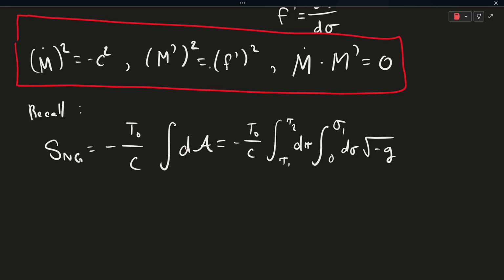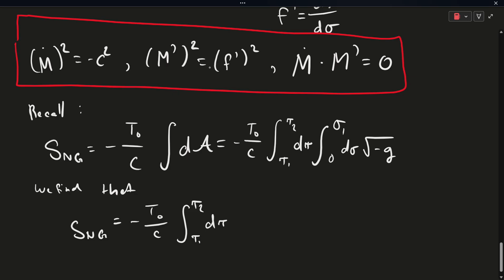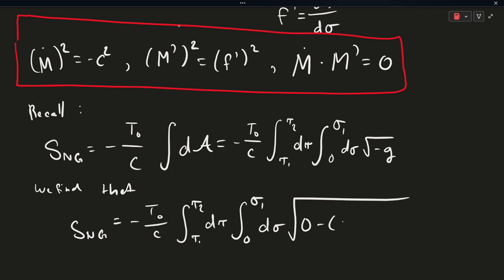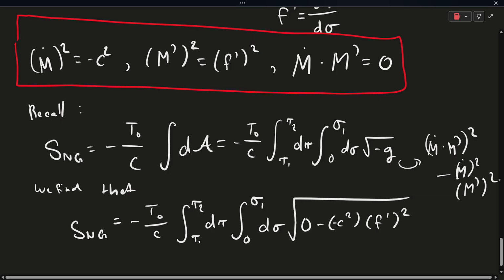So we find that the Nambu-Goto action reduces to something of the following form: integral from tau 1 to tau 2, d tau, integral from 0 up to sigma 1, d sigma, square root of negative c squared and f prime squared, because this negative g would essentially be m dot contracted with m prime squared minus m dot squared contracted with m prime squared, right? So I get the following expression.